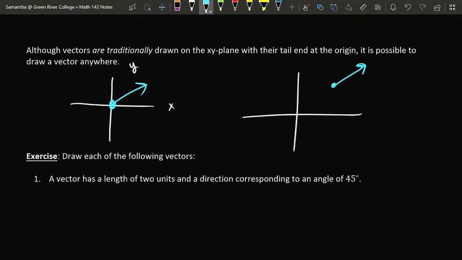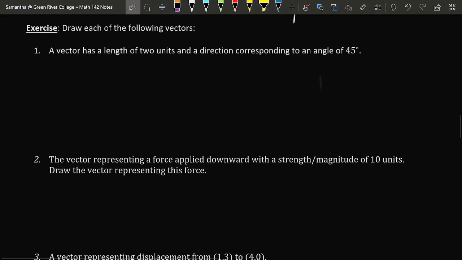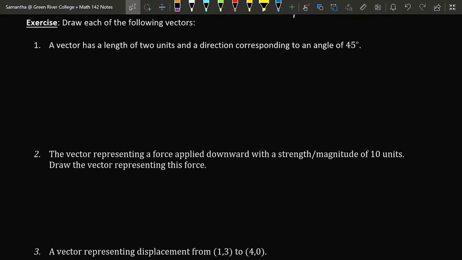For an example, let's draw some of the following vectors. For example, a vector with a length where the number is equal to 2 units and the direction is the one that corresponds to an angle of 45 degrees. So following tradition, my choice will be to draw this vector in the XY plane so that the tail end of the arrow is at the origin.